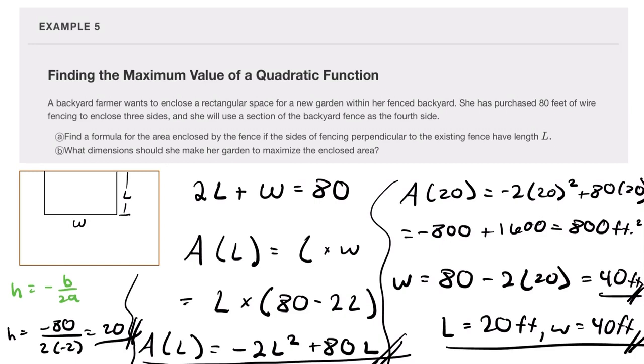I think I was getting stuck earlier because I kept trying to write the perimeter based on L, but they really wanted the area based on L, which is what we did anyway. So I think we got it. And instead of doing my double tick marks, I'm gonna unbox this information.